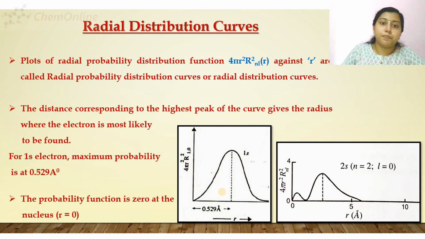For example, as we have seen earlier, in the 1s orbital, the most probable distance is at 0.529 angstrom. And as we have seen that in the case of apples, just below the trunk, the number of apples is 0. Similarly, here also the probability function is 0 at the nucleus.